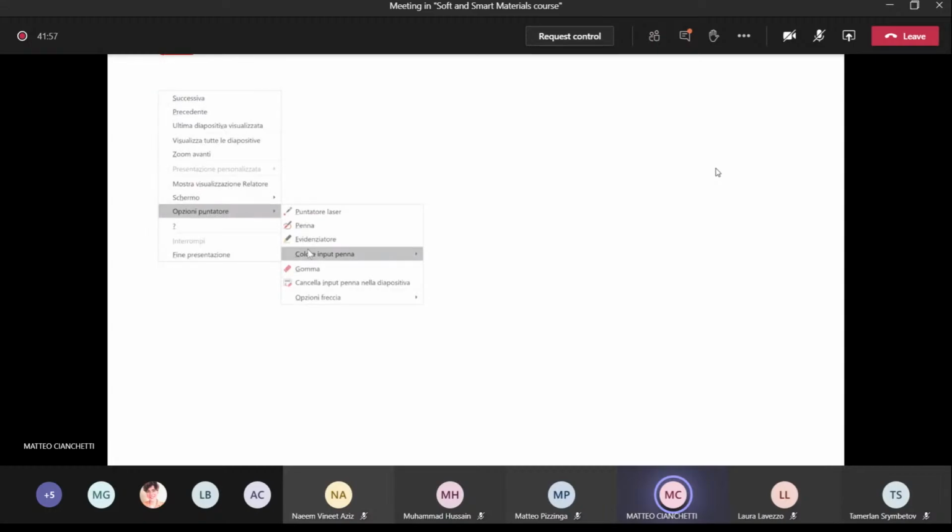Okay, so let's start to see a very simple example. Let's see the first example, about a 1D bar element.